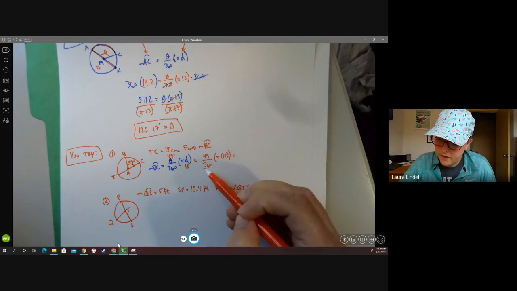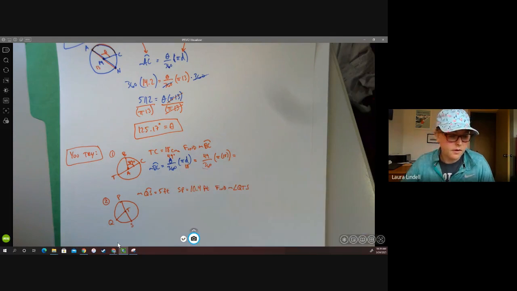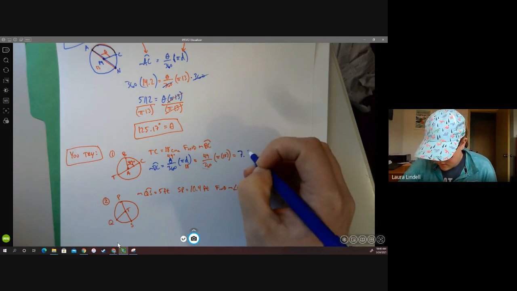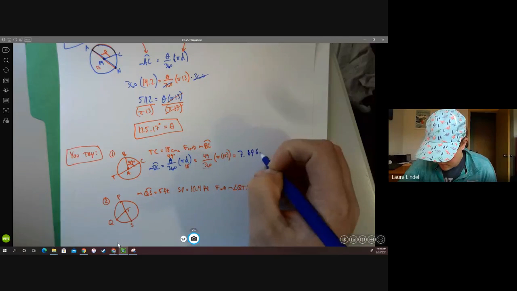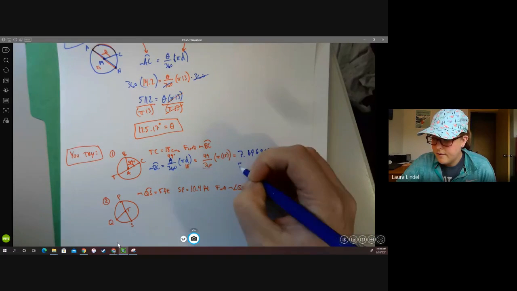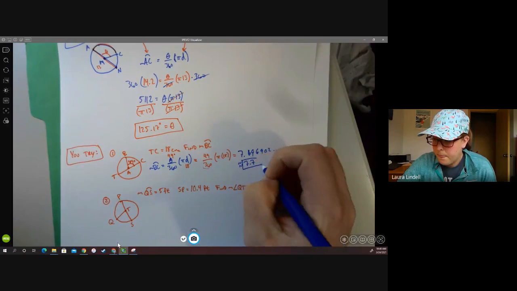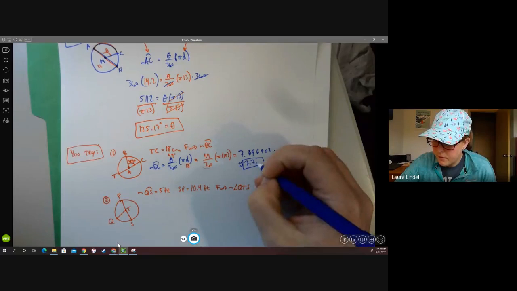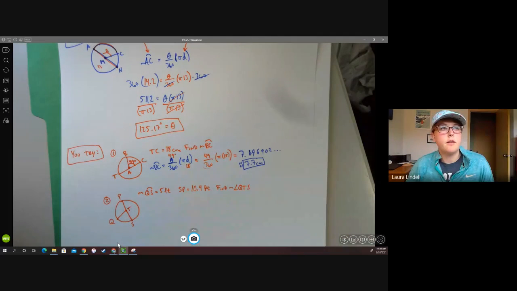So you're on the right track if this is what you type into your calculator. And if you got approximately 7.7 centimeters, you are correct.